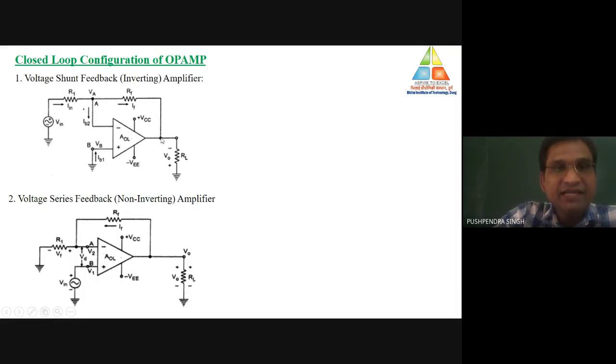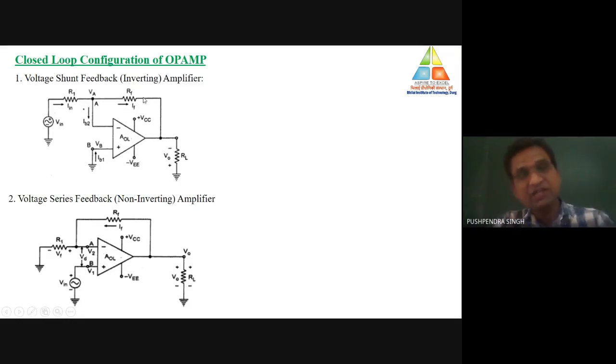Where is the feedback? RF is the feedback element, connected from the output terminal to the input terminal of the op-amp. Which input terminal? The inverting terminal. Because feedback is connected between the output and the negative input terminal, it is negative feedback.